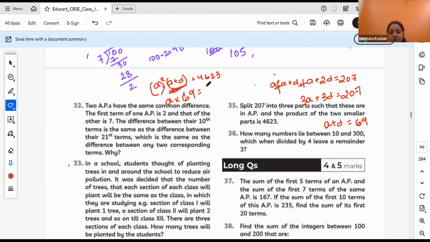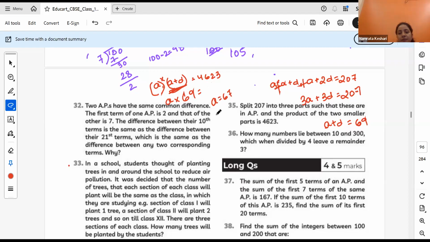Making sense? Yes, ma'am. Let me check what we are getting. Okay, is it a huge number, bigger than 207, or is it making sense? Or is it completely divisible or not? These are the concerns we are having. Yeah. Okay, we are going to get A as 67.